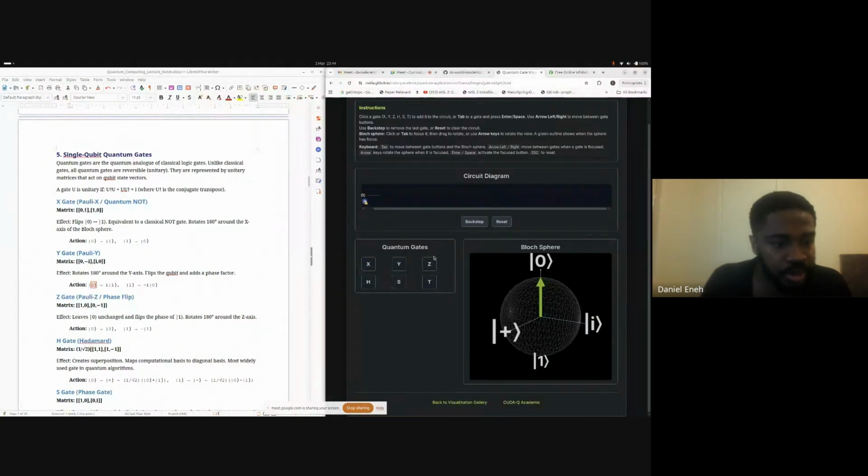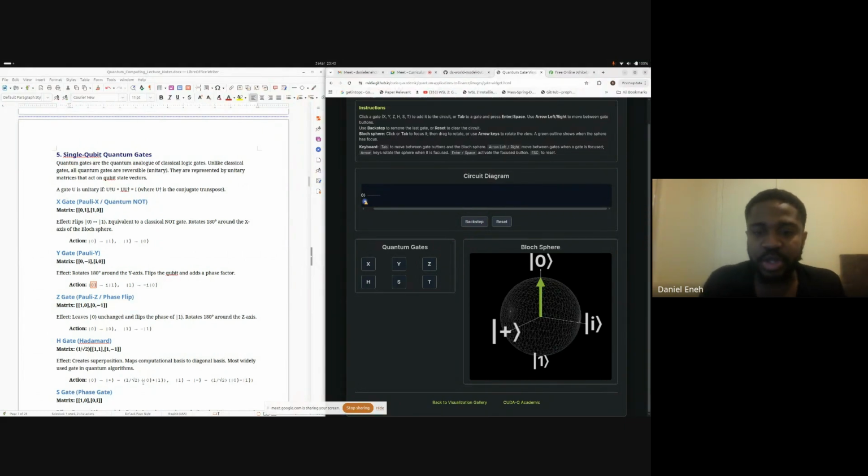So let's see. That's the H gate. So let's do H. When you pass in a 0, you will get a probability of this expression. It can either be a 0 or a 1.